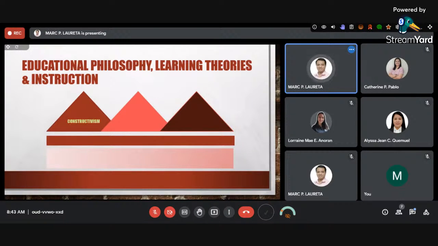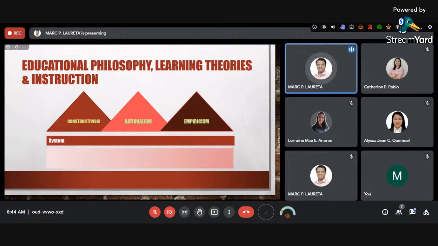So, learning theories have their philosophical roots, namely constructivism, we have rationalism, and then the other one is empiricism.